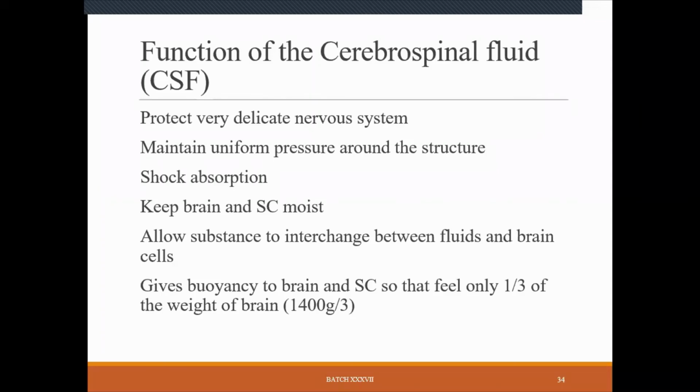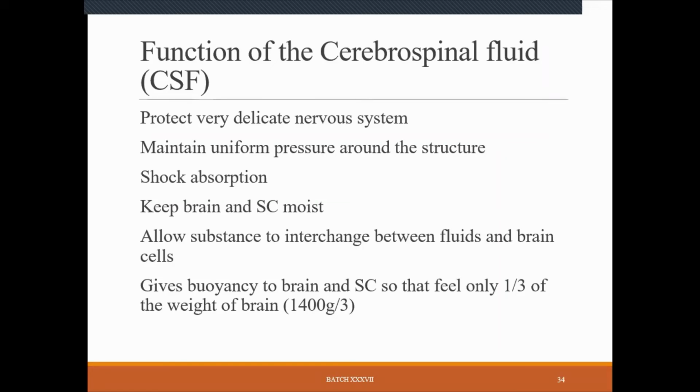And then the interchange of substances between fluid and brain cells. This gives a medium to transport substances: to get substances from the cerebrospinal fluid and pass them to the cells, and also to carry harmful substances from the neurons to the fluid.